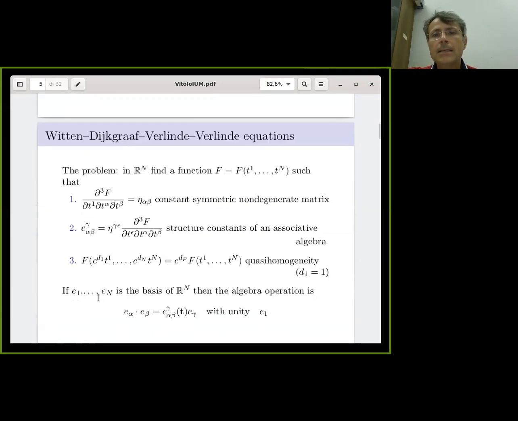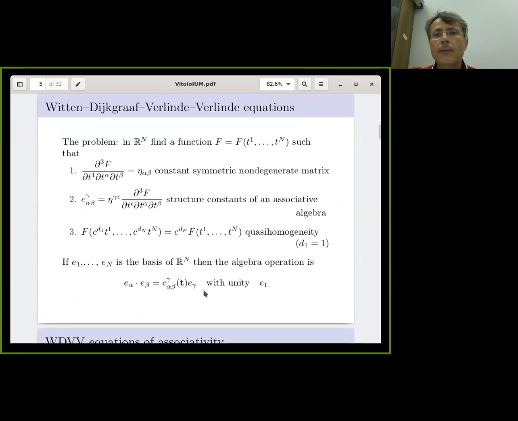Okay, now let us discuss the Witten-Dijkgraaf-Verlinde-Verlinde equations. I will follow the presentation given by Dubrovin in the Encyclopedia of Mathematics. The problem here is finding a function f of n independent variables in R^n. Everything can be geometrized, but here I will follow the simplest presentation.